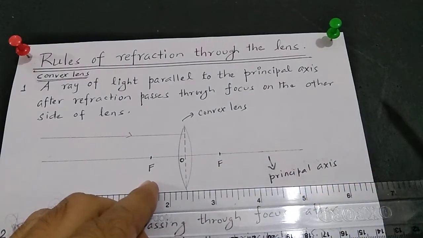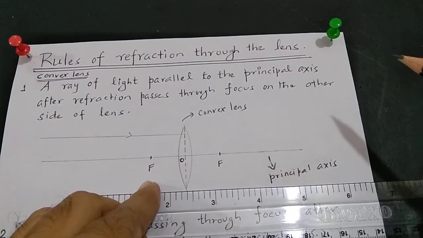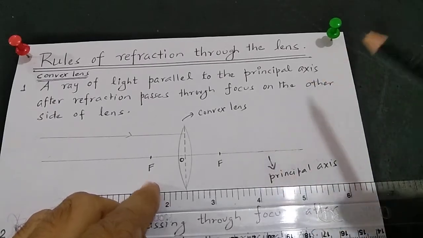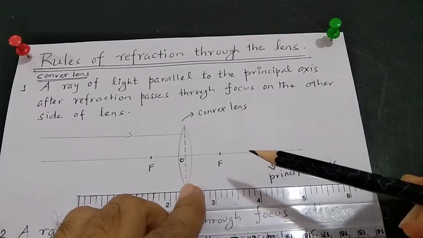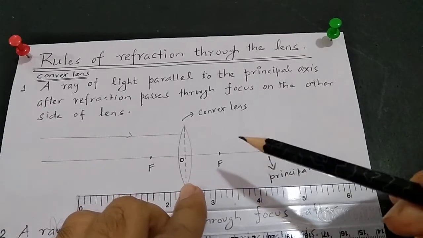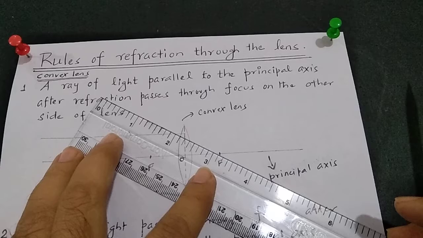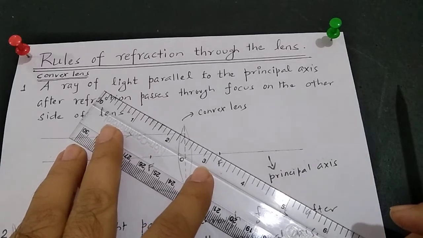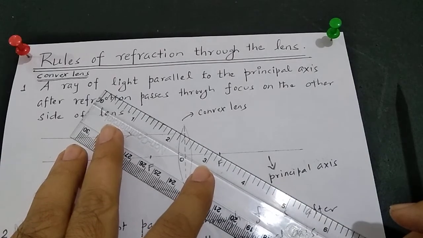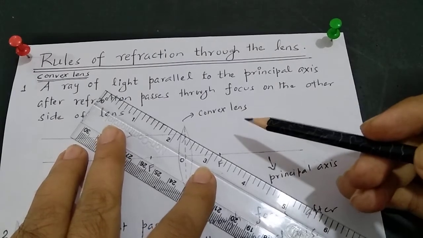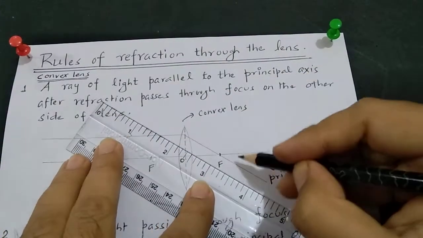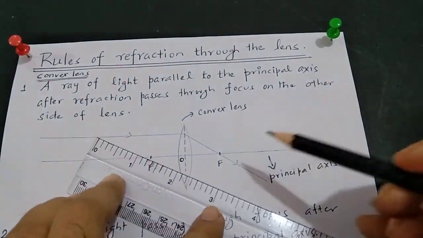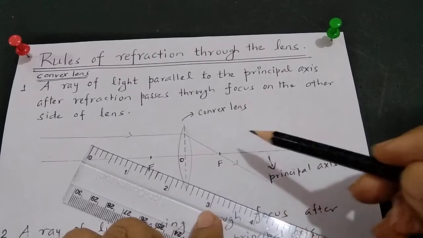We set our measuring scale in such a way that we can draw a line through the focus and the point where the incident ray touches the lens. Now the light ray, after refraction, goes through the focus. See here, this is rule number 1.